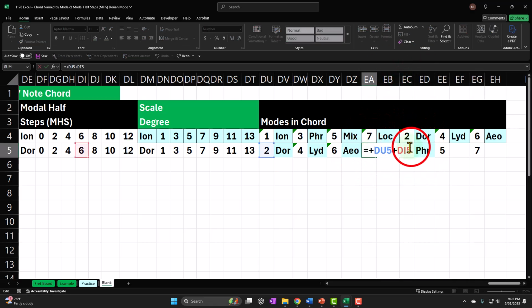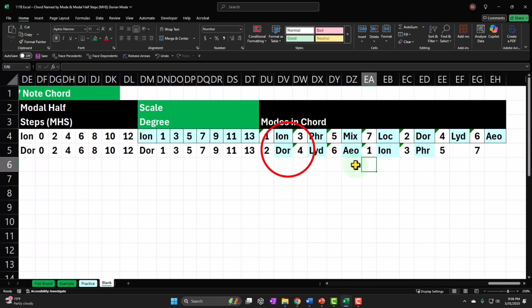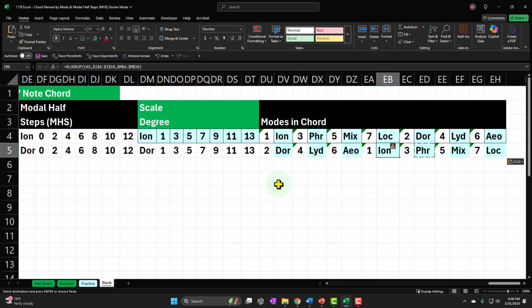And then minus 7. So Dorian, Lydian, Aeolian, Ionian, Phrygian. I think that's right. I'm getting tired. Mixolydian, Locrian. We should have everything. 2, 4, 6, and then 1, 3, 5, and 7. I think that's right. Okay, I think we have it.